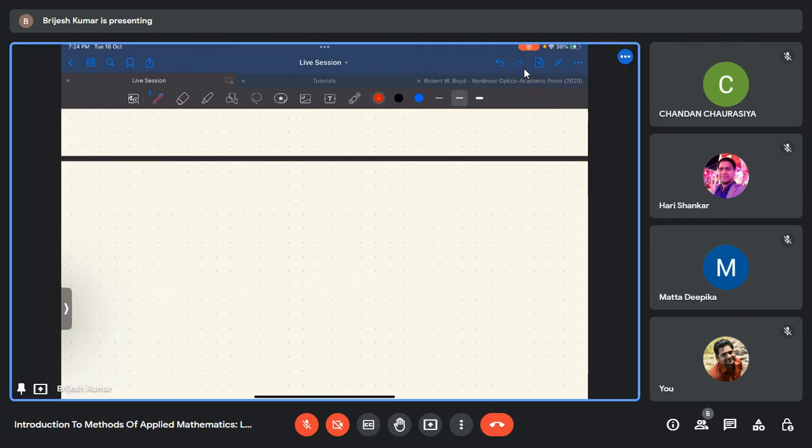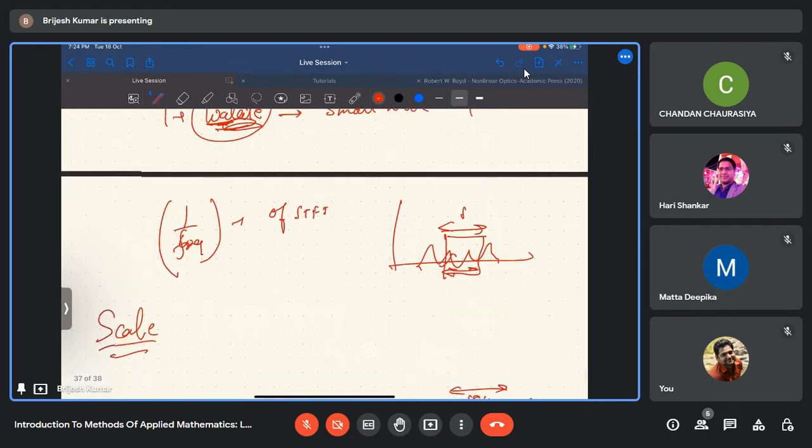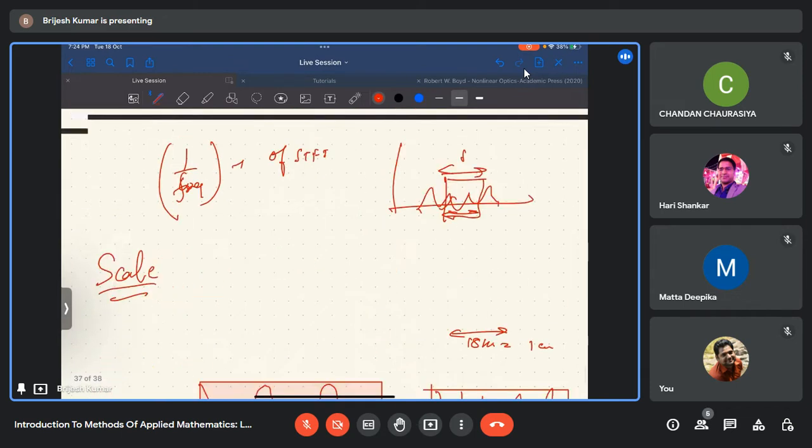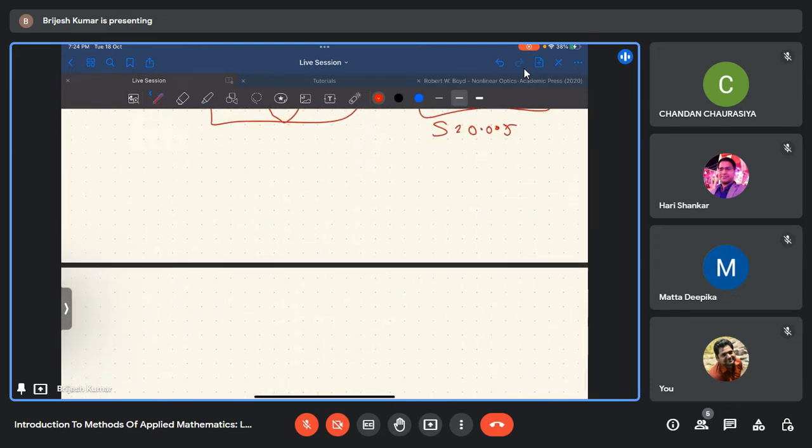So, if we take some definition, the continuous wavelet is defined by this equation.